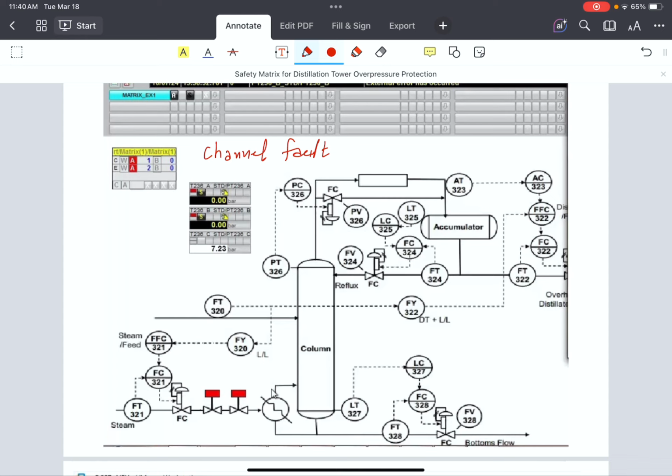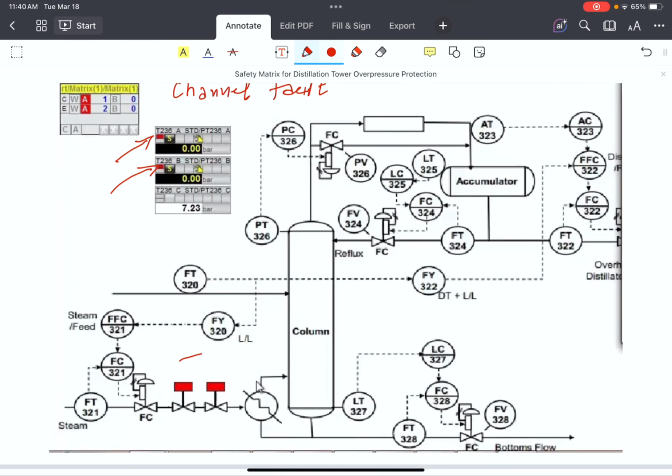In this case, transmitter A and transmitter B have channel faults, and it will shut down the solenoids of the steam. You can see that they're red, and commands for the solenoids are getting off, and solenoids will close immediately.